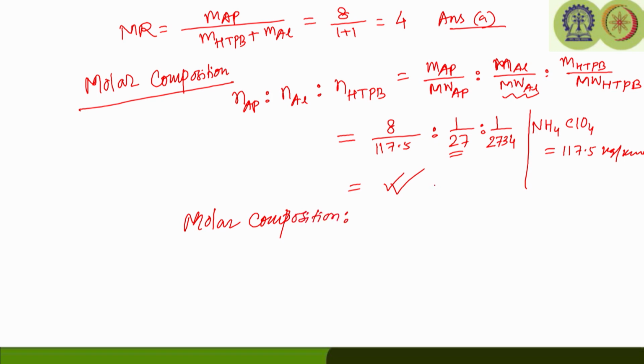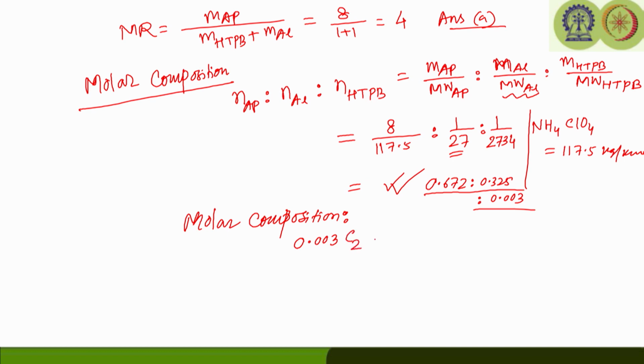So, it is coming something around 0.672 is to 0.325 is to 0.003. I mean, the participants are requested to verify the calculations once. Okay. So, eventually if you write down the equation, the molar composition of the propellant, you can get like it is containing 0.003 of HTPB.